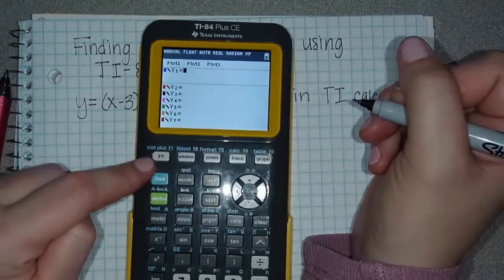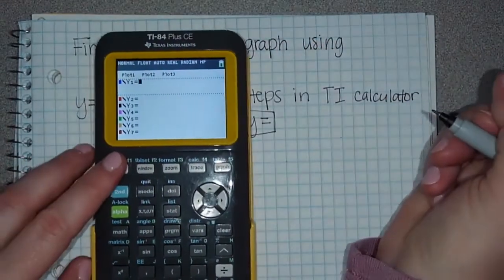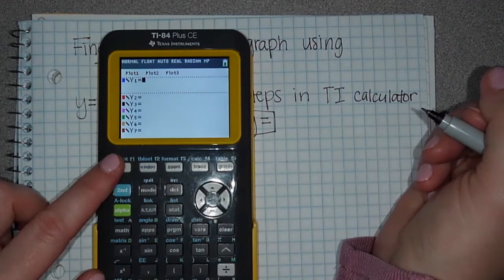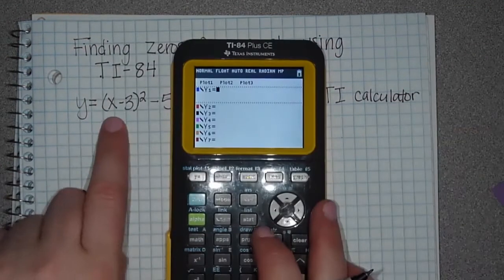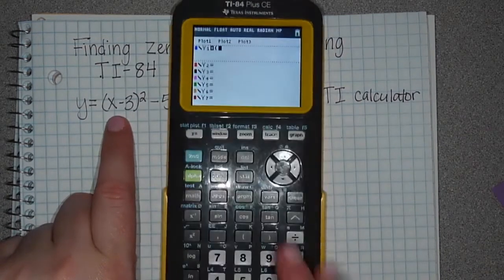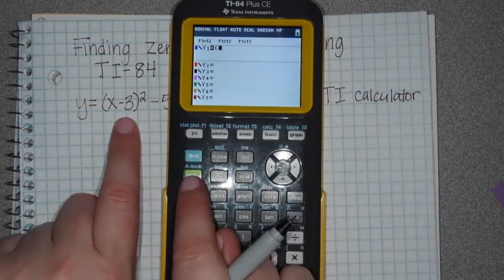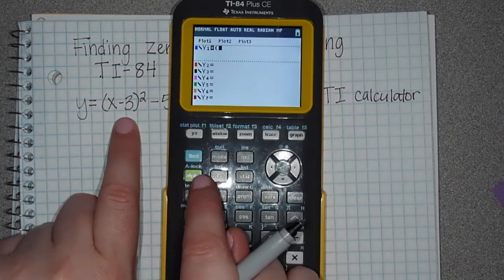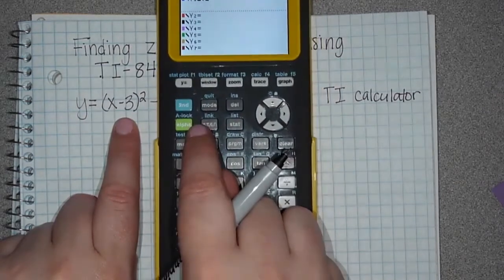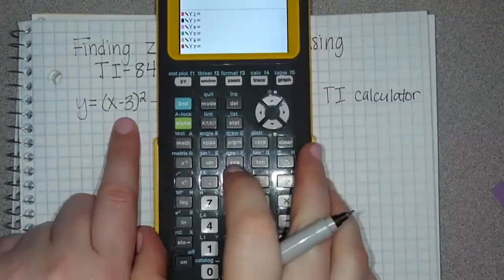So if you hit the Y=, then you're going to type in the equation exactly how you see it. So you're going to hit parentheses, which is right above the 8. The X is right next to the green alpha button. Let me turn this light down just a little bit, it's reflecting pretty bad.